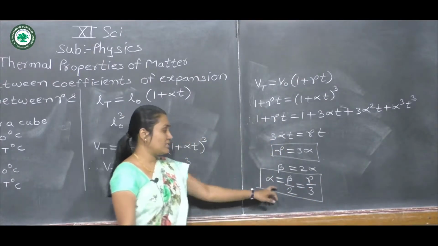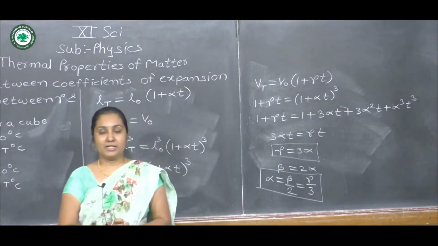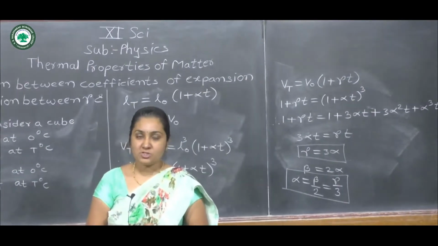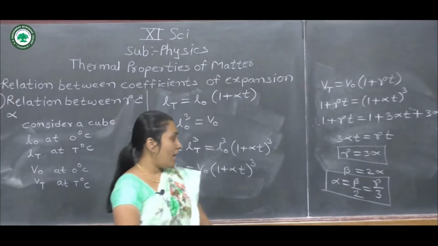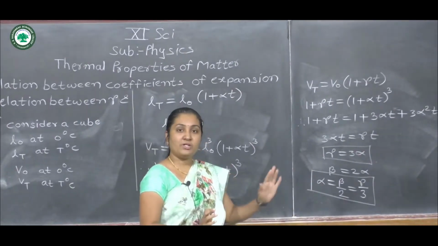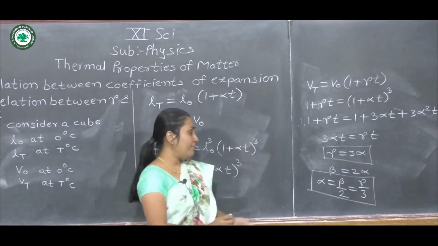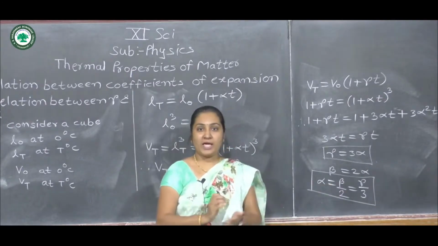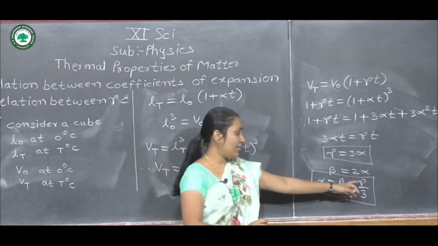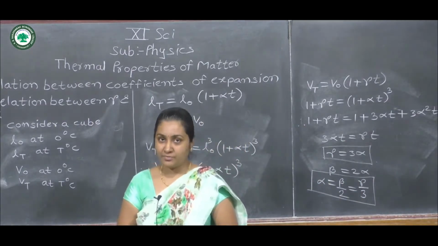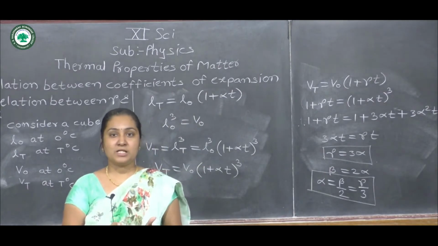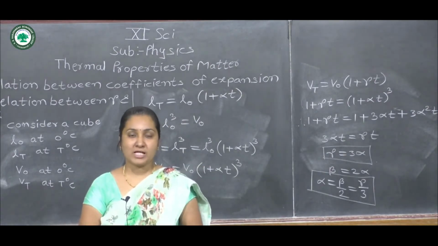This gives us the relation between the 3 coefficients of thermal expansion: alpha, the coefficient of linear expansion, beta, the coefficient of areal expansion, and gamma, the coefficient of volume expansion. So this is about the relation between the coefficients of expansion.